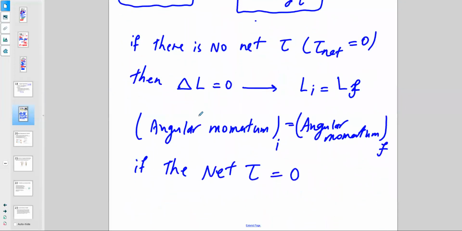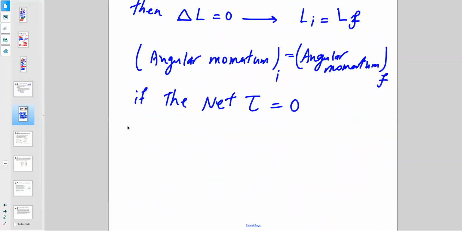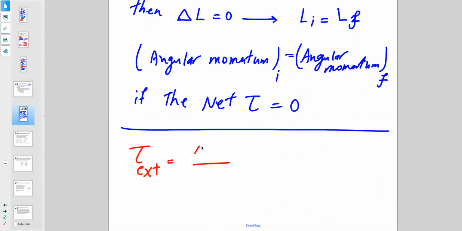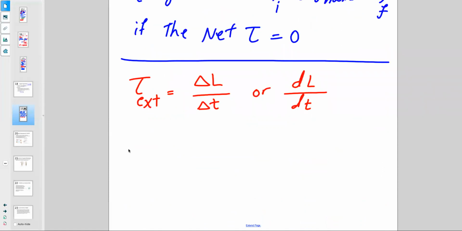So if I want to write down what I just told you, external torque is delta L over delta T, or dL over dt, and this is for rotation. For linear motion, we have delta P over delta T, or dP over dt.